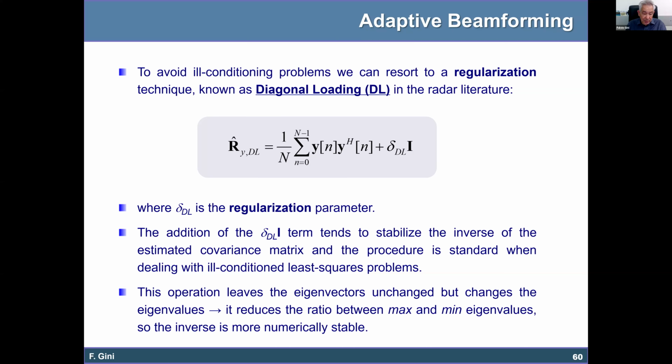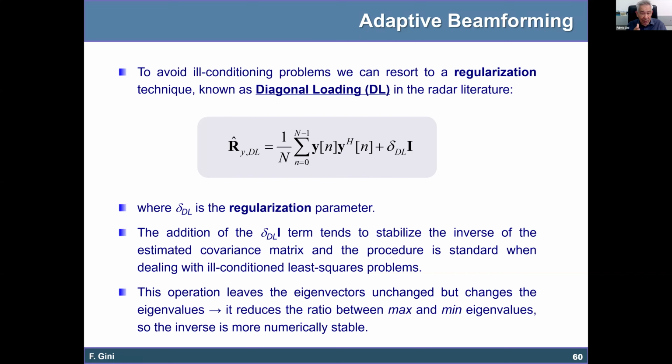The larger this ratio, the worse it is. If you do this loading, basically you reduce this ratio. So you reduce the ill-conditioning, so you make the inverse more stable.